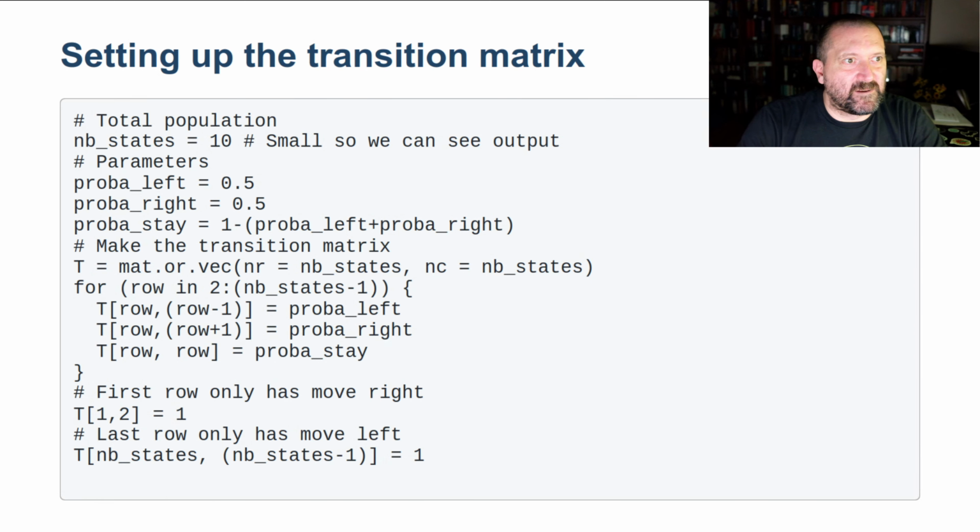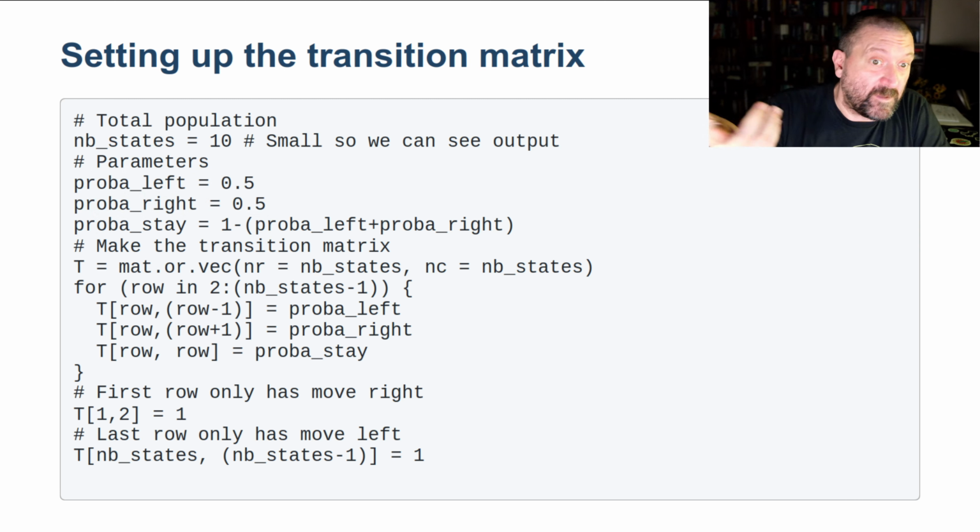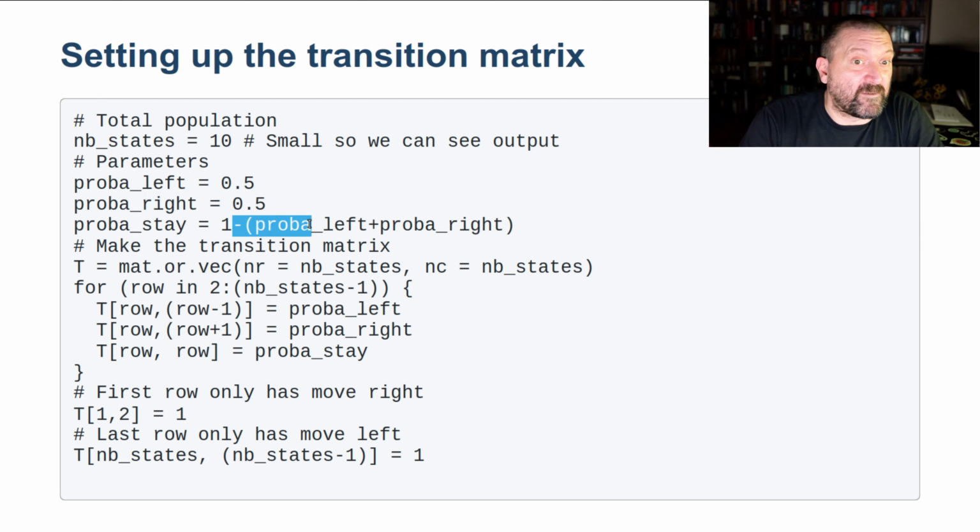Now, let me show you the numerical side of this. I'm going to just take 10 states, but you could do whatever. I'm going to define a probability of moving left, a probability of moving right, and actually we could make it have loops. I'm not using loops here, but the probability of staying is just going to be 1 minus the sum of the probabilities.